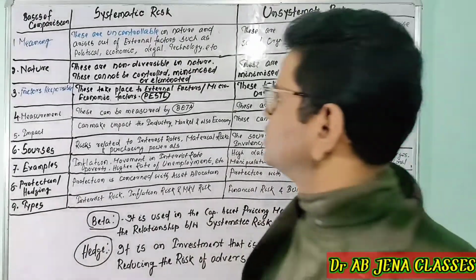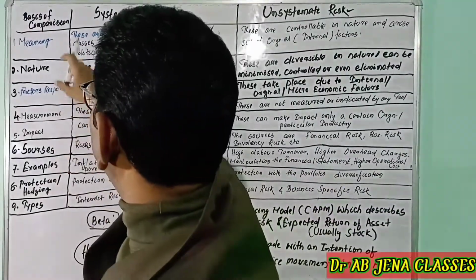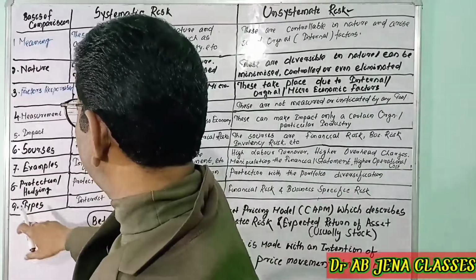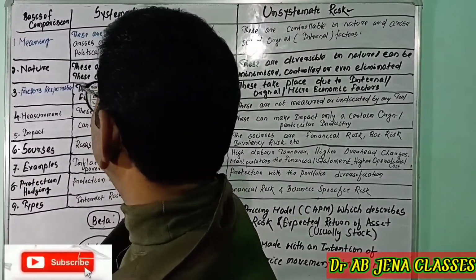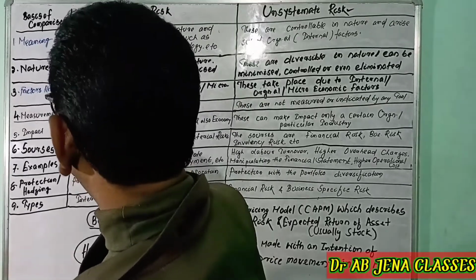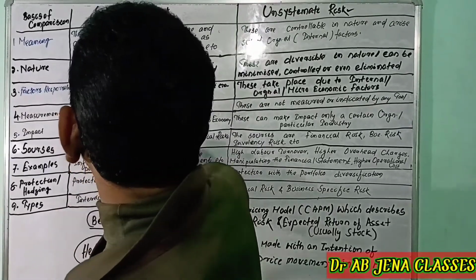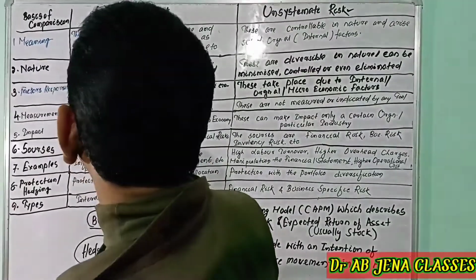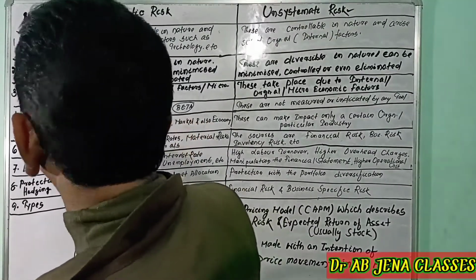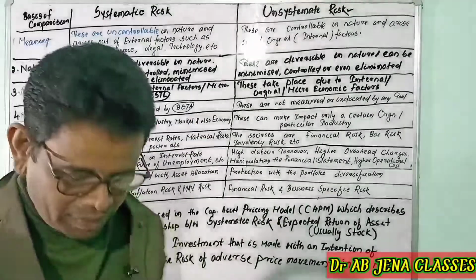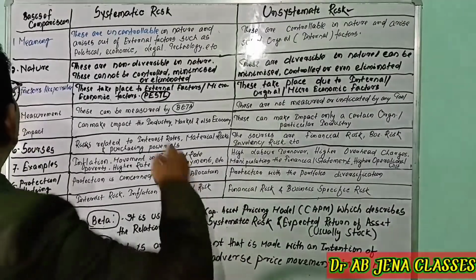So far as the basis of comparison, I have written 9 bases of comparison. By taking them into consideration, we can easily compare systematic risks and unsystematic risks. The first one is the meaning.